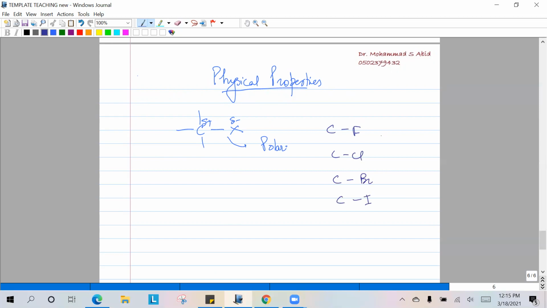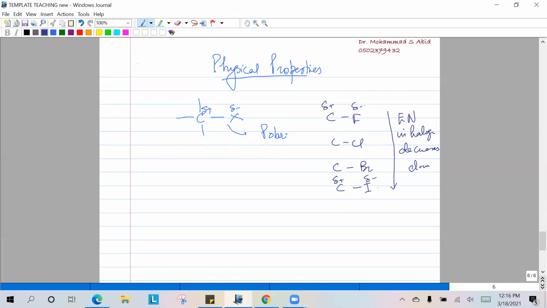The electronegativity in halogens, or in any group, decreases down the group. So this bond would be more polar compared to the CI bond.